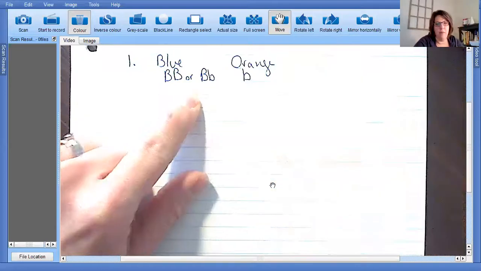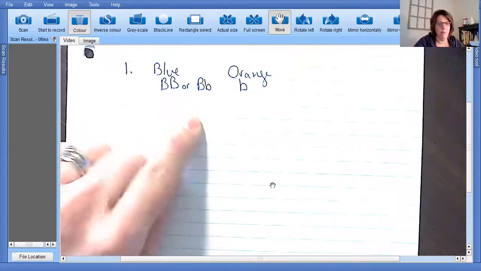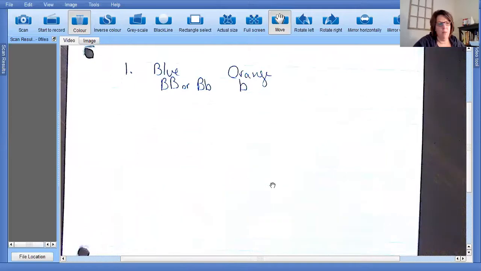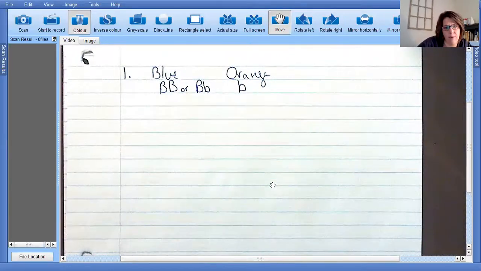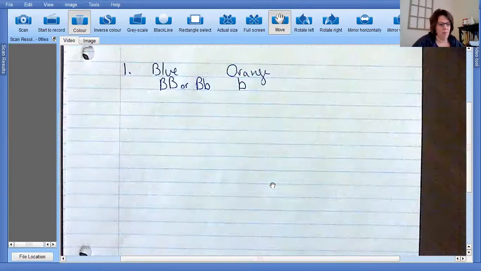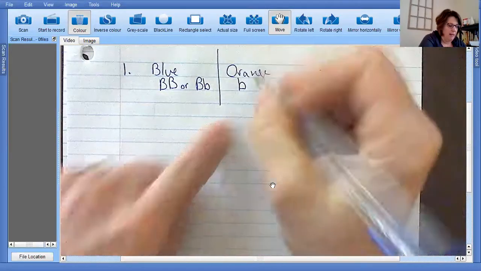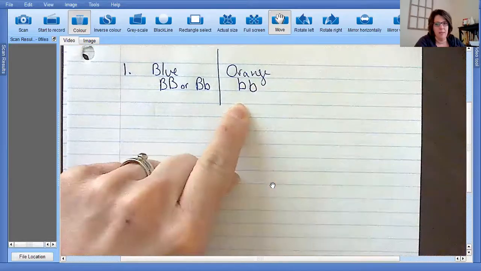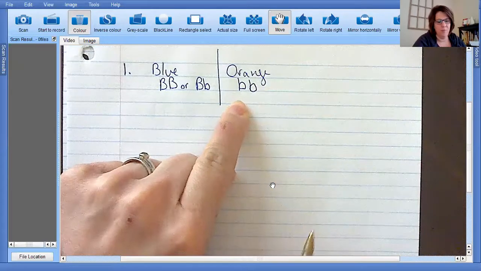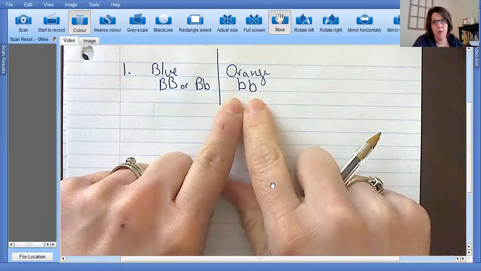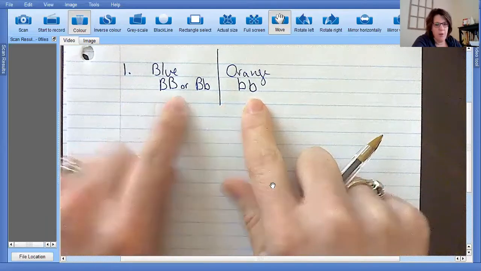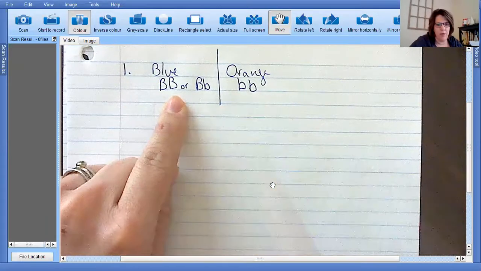So if this is basic Mendelian genetics, they can be big B, big B, or big B, little b, and be blue. And then if they're orange, remember that's recessive from the question. And so if it's orange, it can be little b, little b. So there's your basic key for the first set of questions.